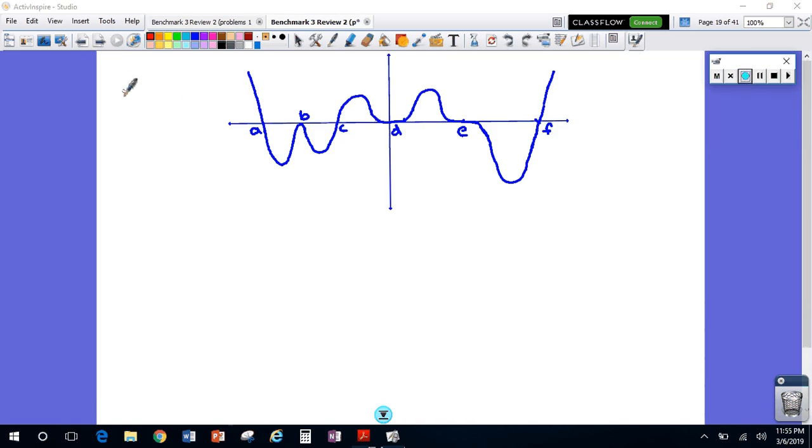Now this is one example I took of how to write the polynomial from the graph.